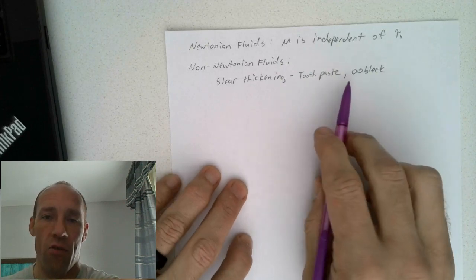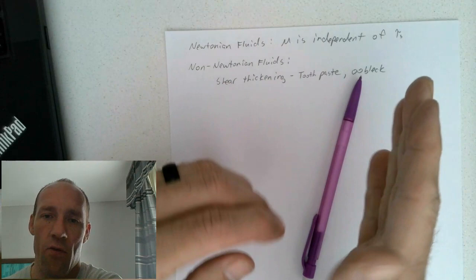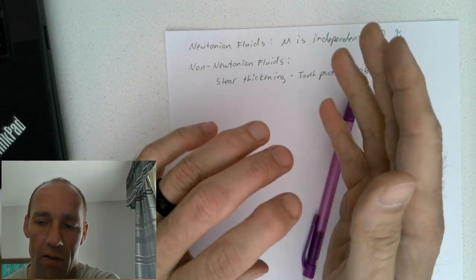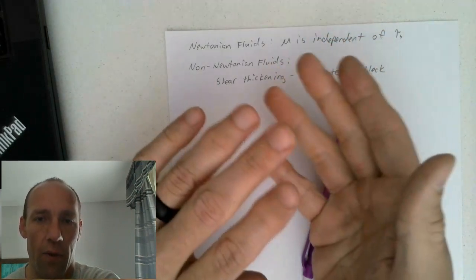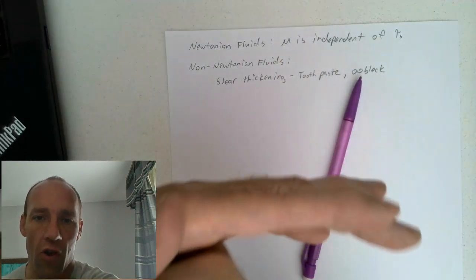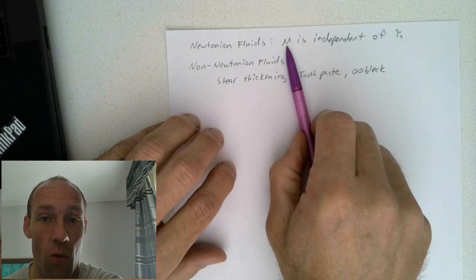They show this behavior. With oobleck, if you dip your hands into it slowly, or interact with it in a slow way, then it behaves like a fluid. It behaves as if this viscosity is fairly low. But if I punch it, it responds almost as if it were a solid.